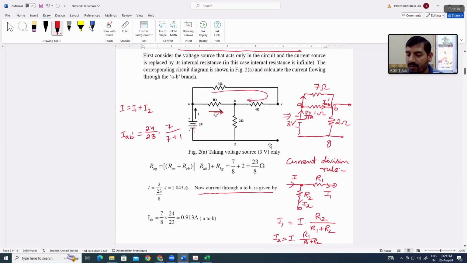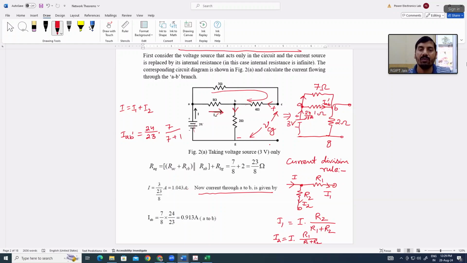Okay, so we have to calculate the value of voltage also. Because the current I is flowing through this direction, here in this branch the current will be in the downward direction.